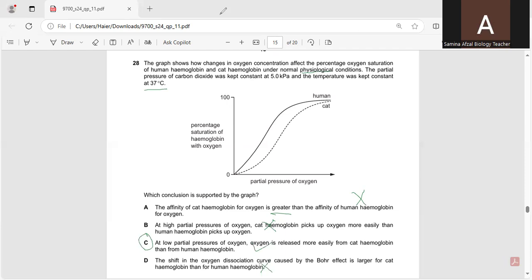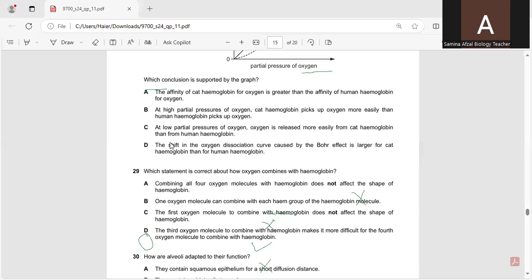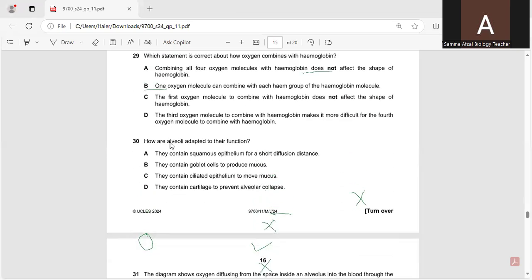So we are moving towards question number 29. Question number 29 is, which statement is correct about how oxygen combines with hemoglobin? Combining all four oxygen molecules does not affect the shape of the hemoglobin.